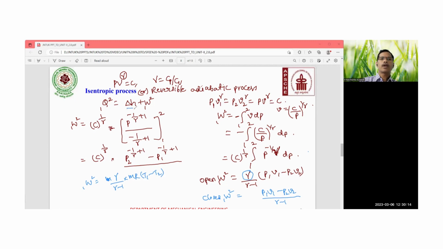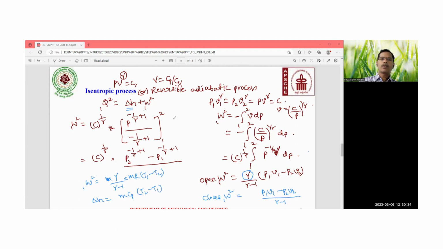And there is the enthalpy also. The change in enthalpy, since M is there, I can consider as MCp T2 minus T1, right?